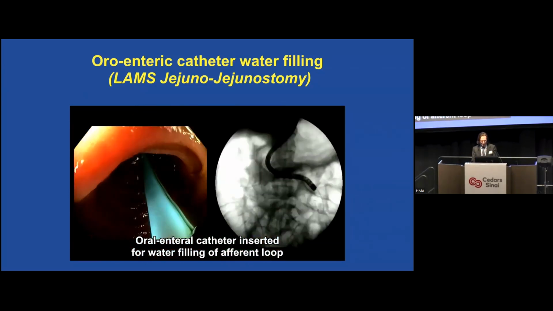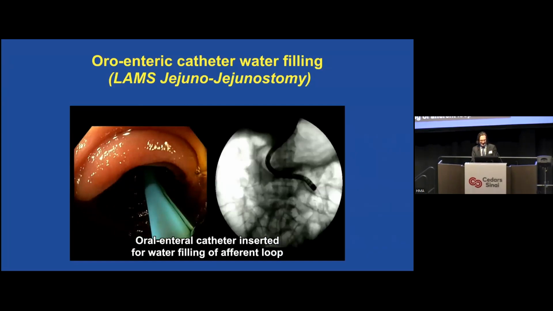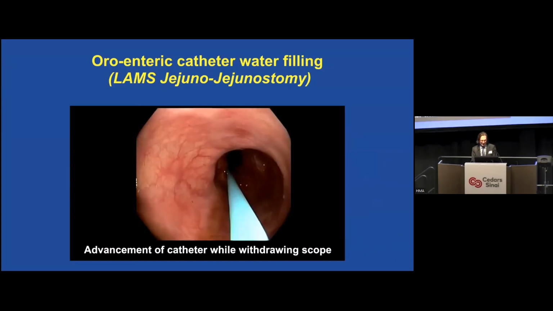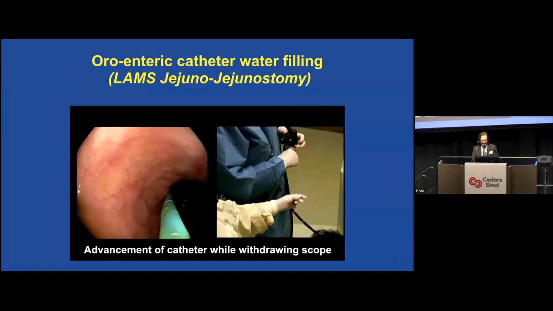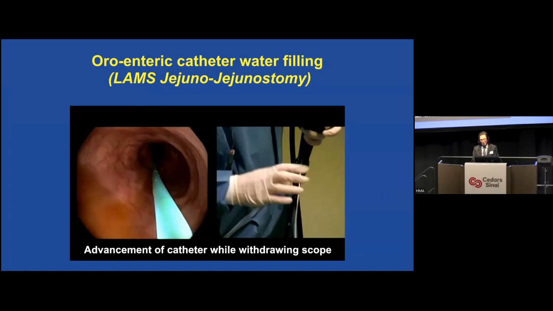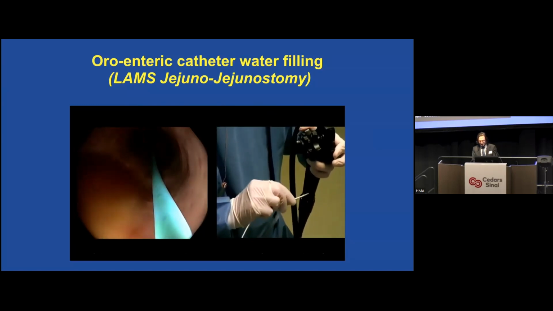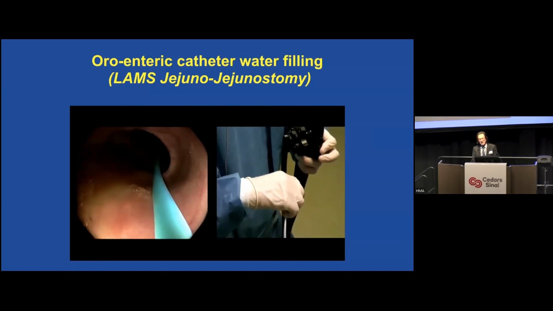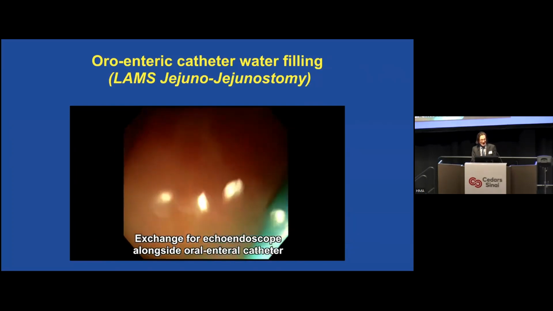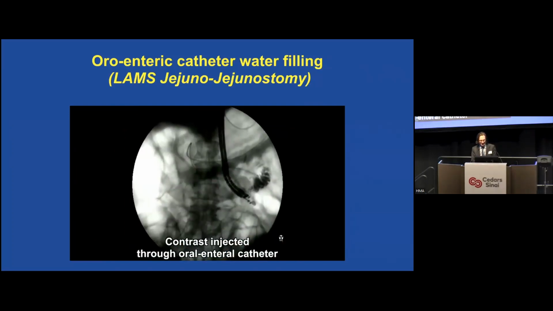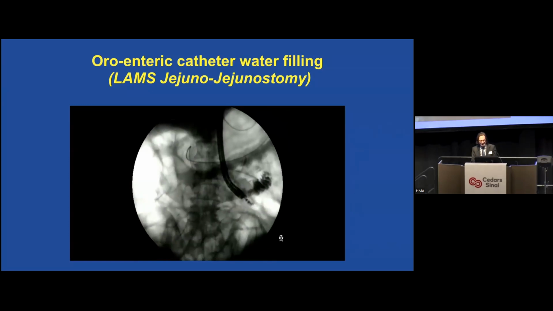So here you see the oroenteric catheter inserted into the afferent loop for water filling. So we're advancing the oroenteric catheter while we withdraw the enteroscope. And once the enteroscope is completely removed, then we're going to go alongside that oroenteric catheter with our echoendoscope, and then we can inject contrast through the oroenteric catheter.